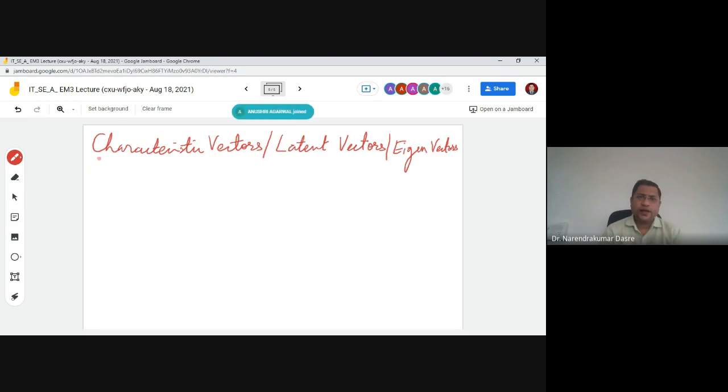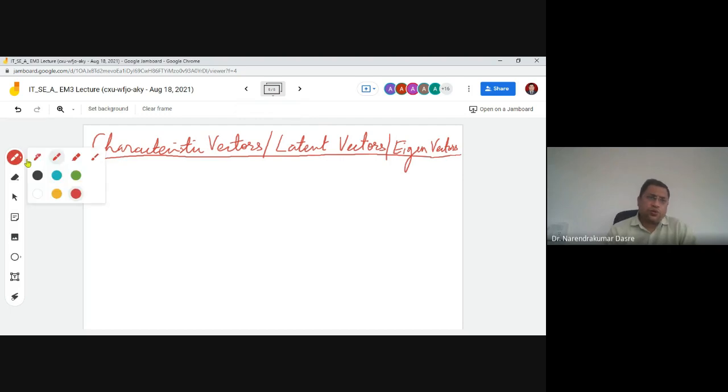These three things are nothing but the same: eigenvector, characteristic vector, or latent vector. So how do we define this characteristic vector, eigenvector, or latent vector?